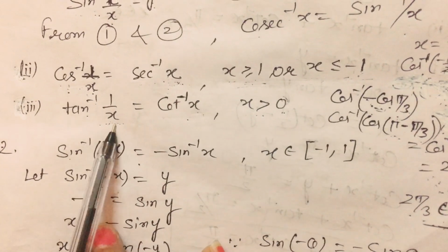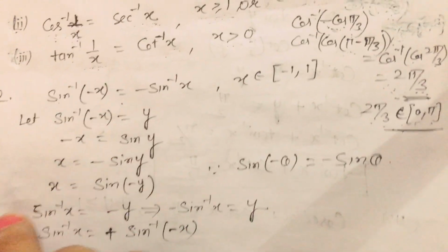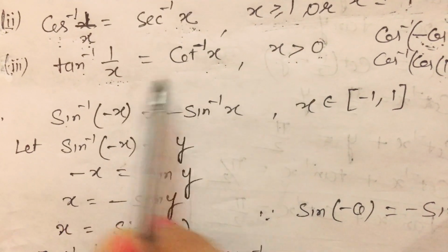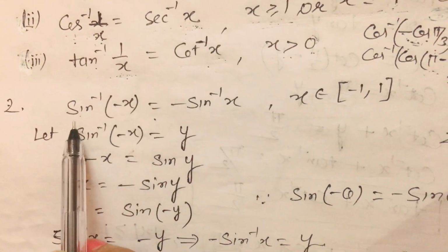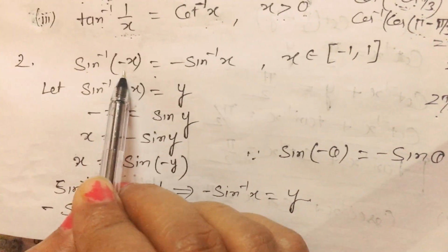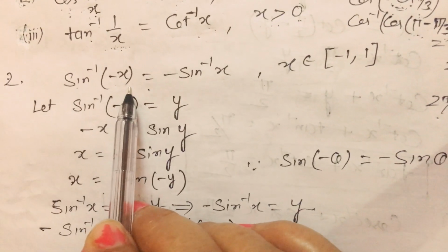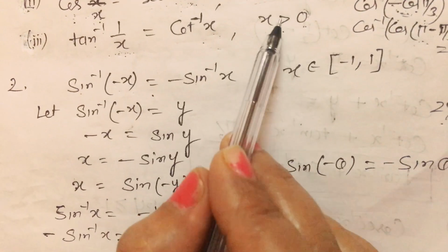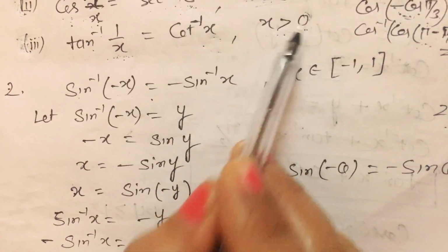So that is not in the intersection of both domains. If you take a negative it will be negative, so it does not hold for this. You can take an example for this, showing that it is only for x greater than 0.